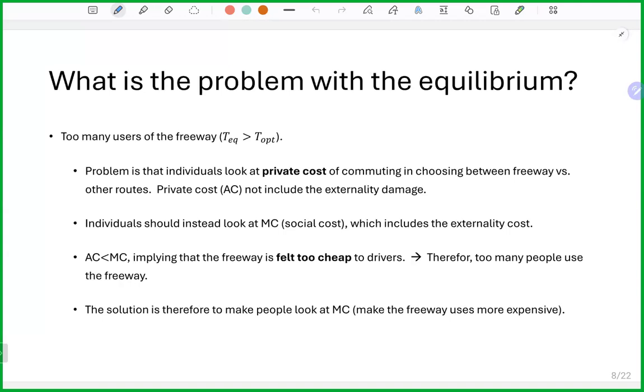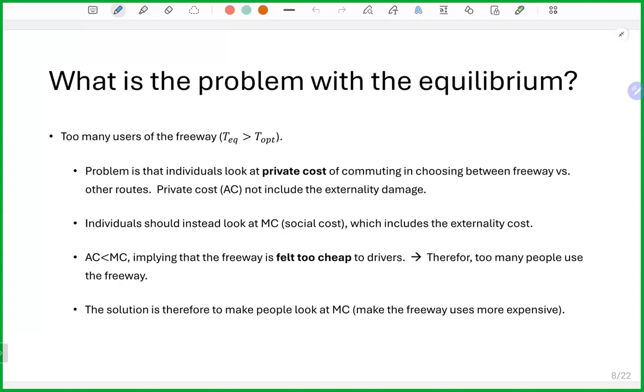Think about your cost. Private cost is your own cost, the cost of using the freeway. By definition, this is the private cost of an individual freeway user.